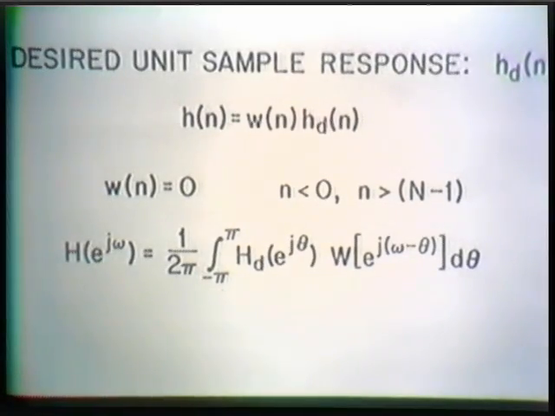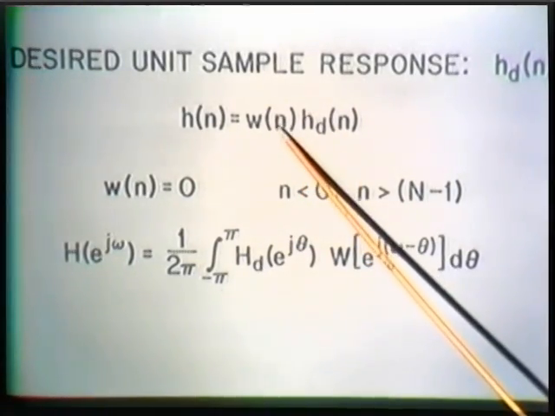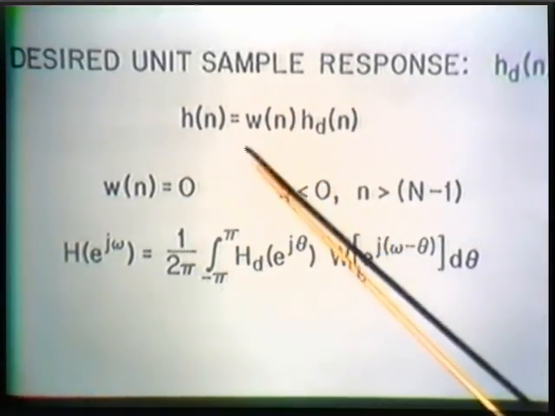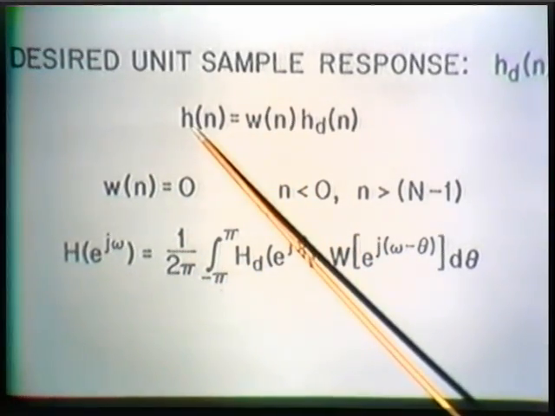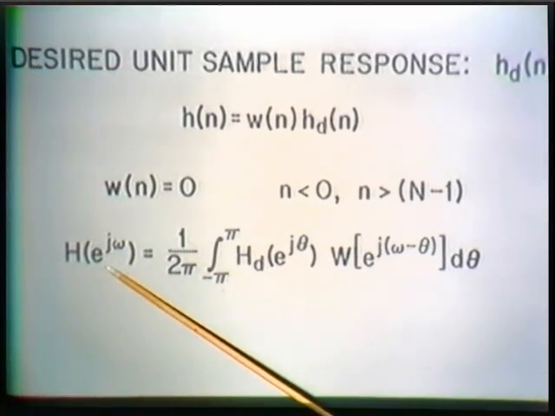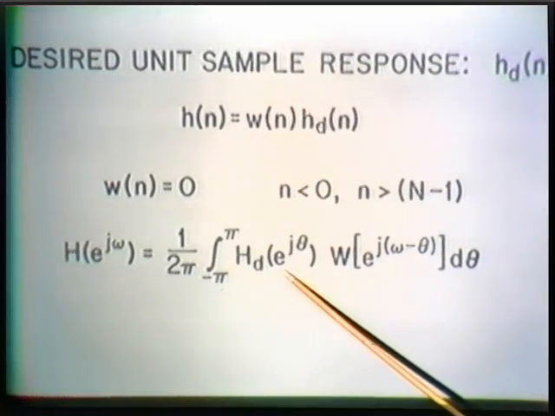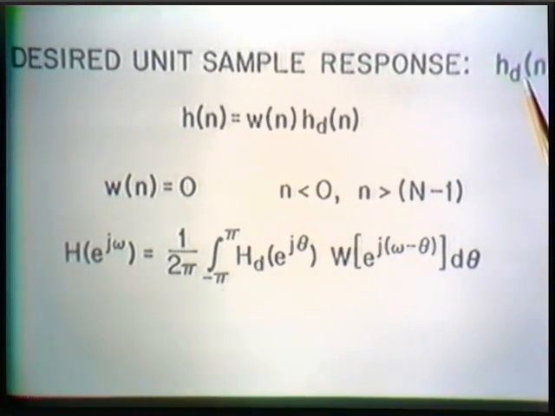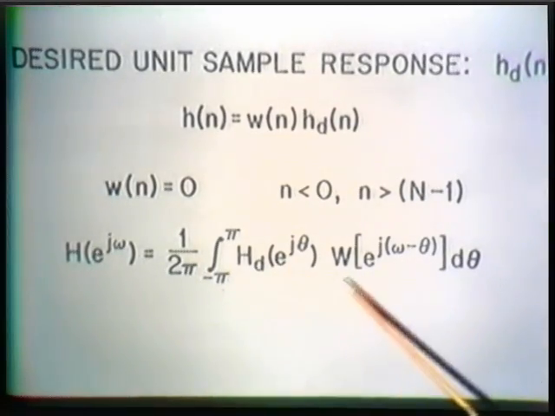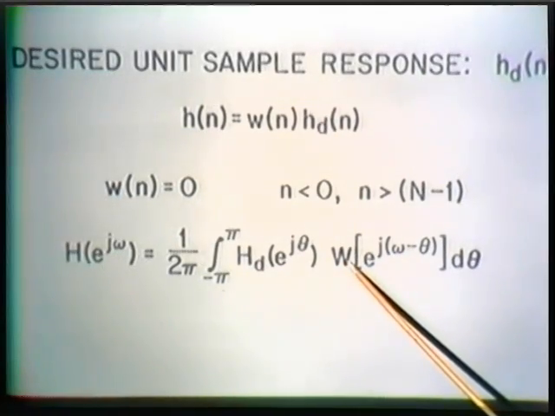Well, what is the effect of this in the frequency domain? We know that multiplication in the time domain corresponds to convolution in the frequency domain, and consequently, the frequency response of the finite impulse response filter that results is the periodic convolution of the desired frequency response, that is the Fourier transform of the desired unit sample response, convolved with the Fourier transform of the window w of n.